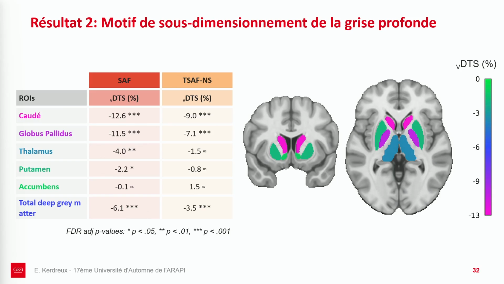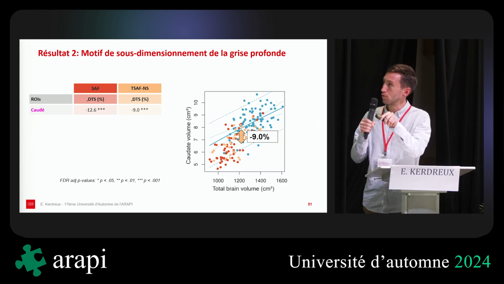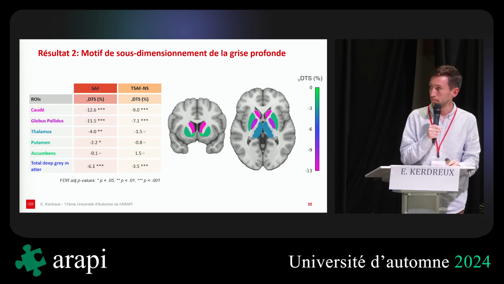Zero here corresponds to no over-reduction for the accumbens. The blue corresponds to an intermediary over-reduction for the thalamus and putamen, and the pink represents an important reduction for the globus pallidus.